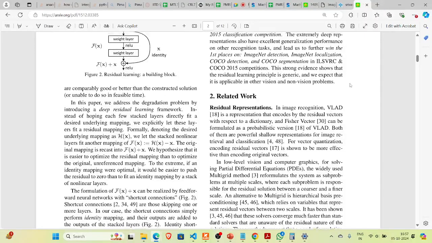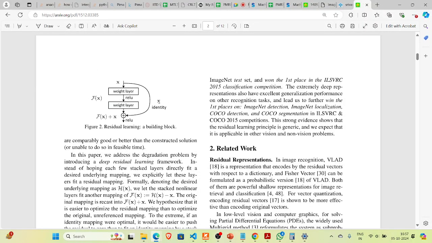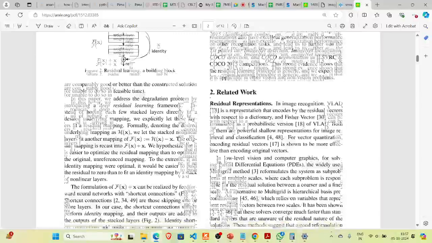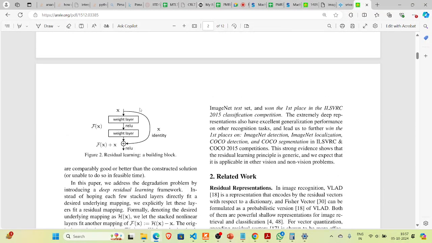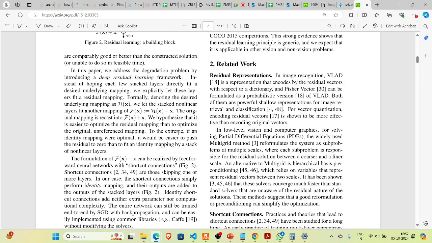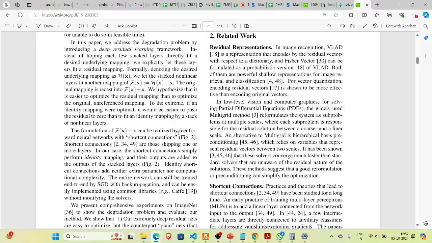Okay, so that is the concept that they have here. The explanation is here. This is the residual block. So they are mapping first to a, without the skip connection, x to F(x) plus x. With the skip connection they are mapping to 0.